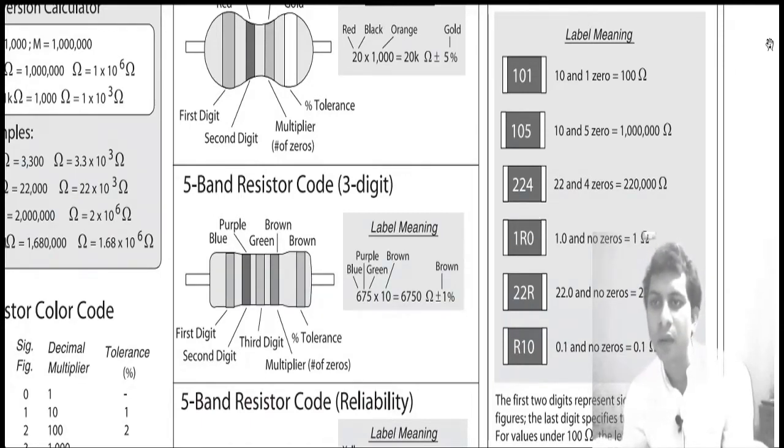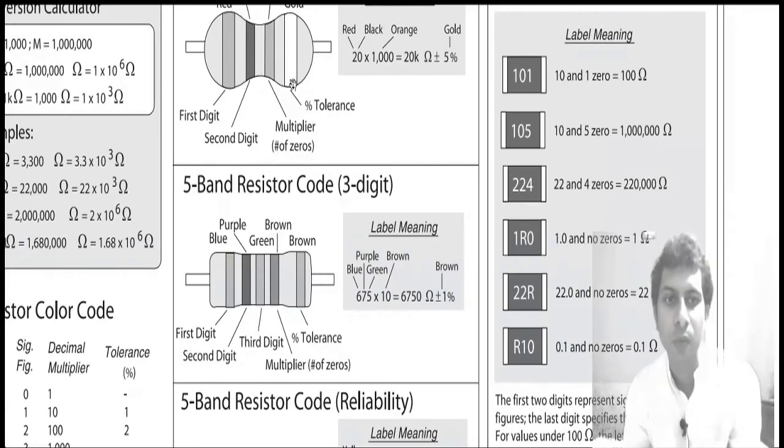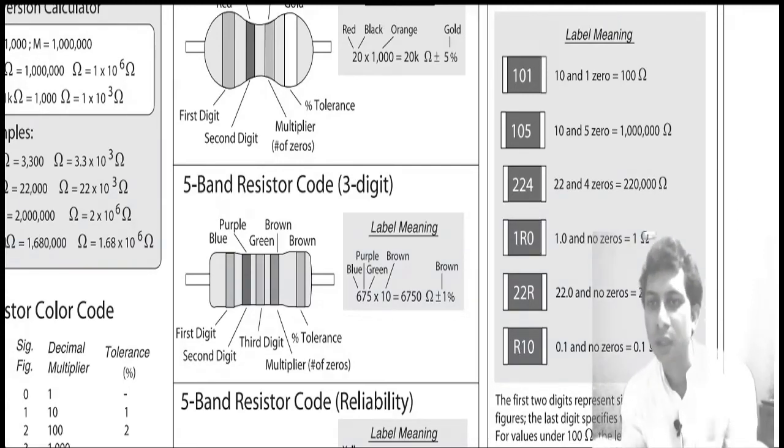Suppose we have an Apple wristwatch, then we can't use this much size of a resistor, which is a 4 band, 5 band, and 6 band resistor. Because we have to make electronics light in weight and small in size, for that purpose we have come out with another kind of resistor, which is known as a flat surface one.